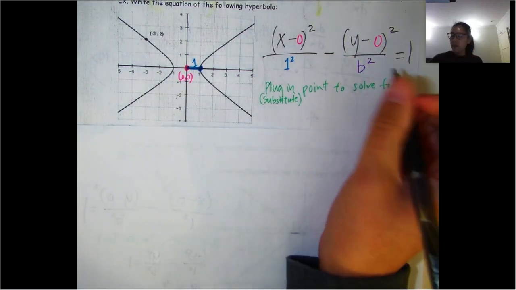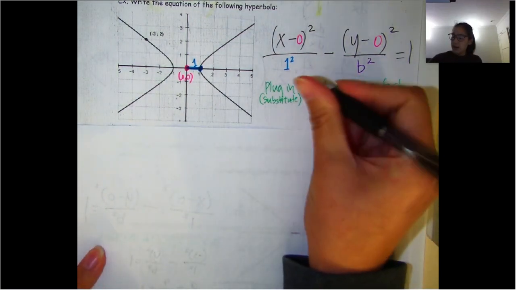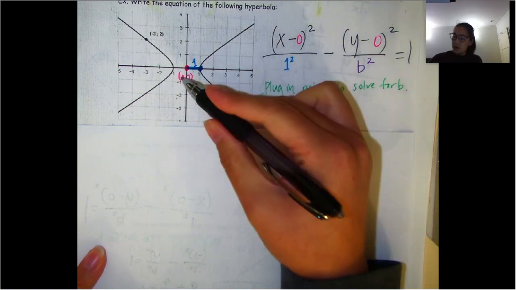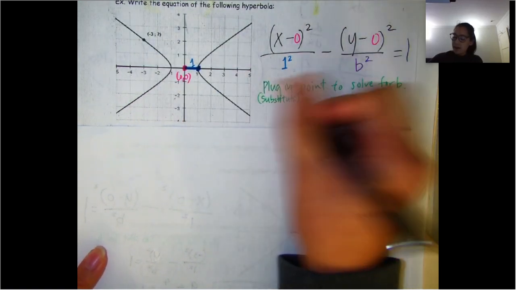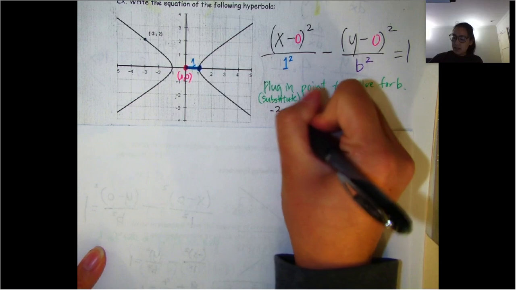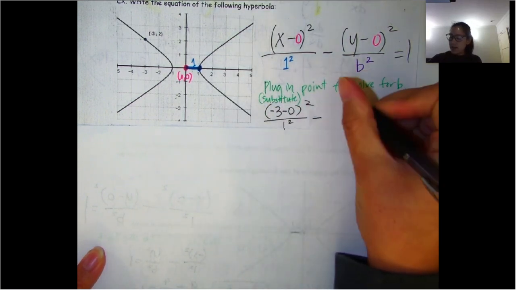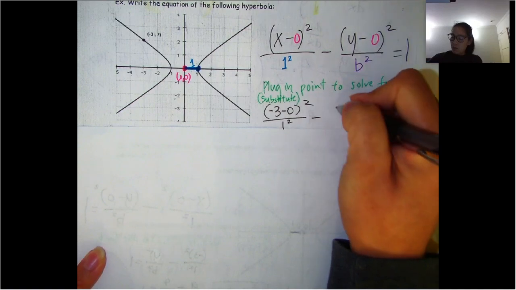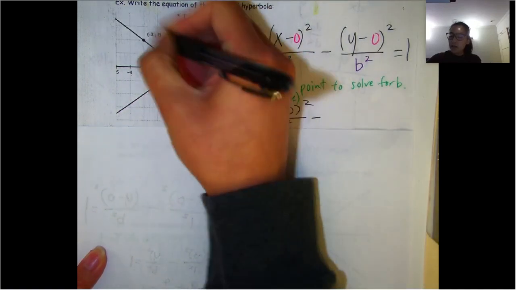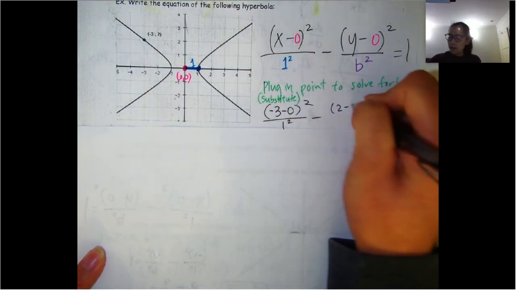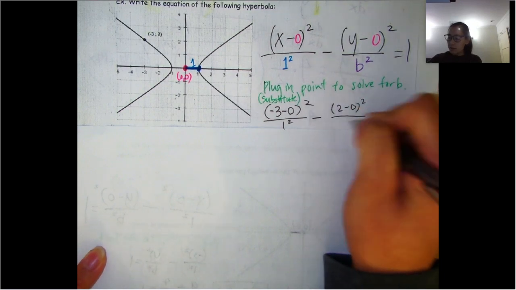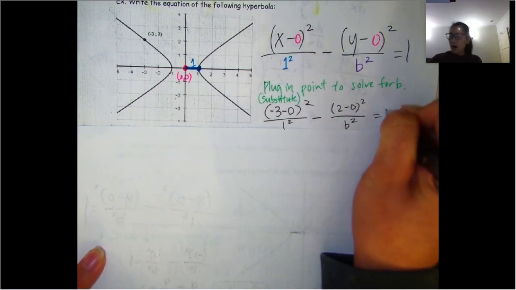All right, so we'll go ahead and substitute in -3 for x. So we have -3 minus 0 squared over 1 squared minus, and then y, which is 2. So 2 minus 0 squared over b squared equals 1.